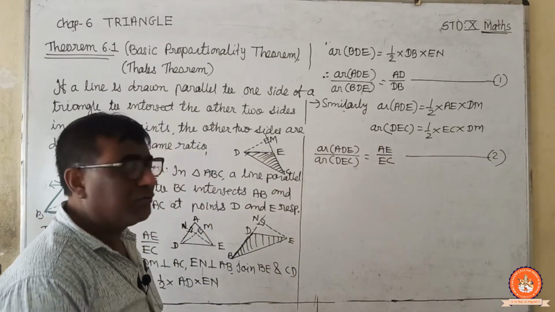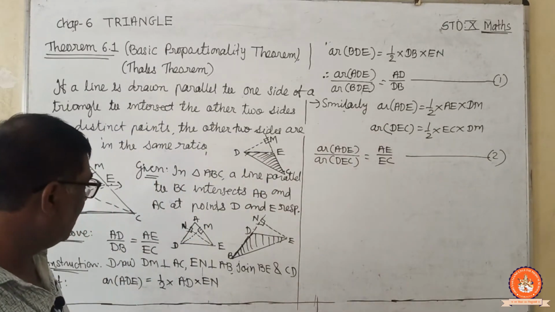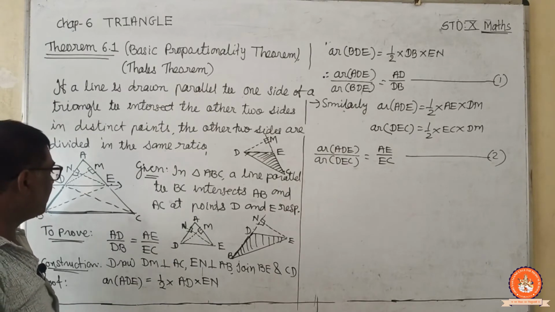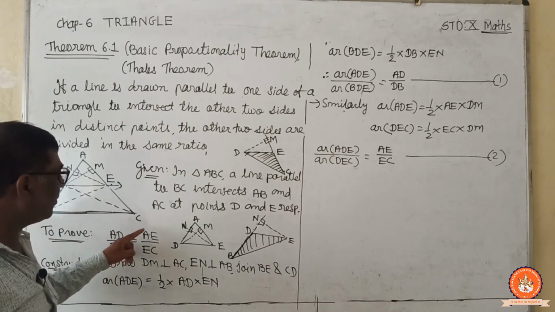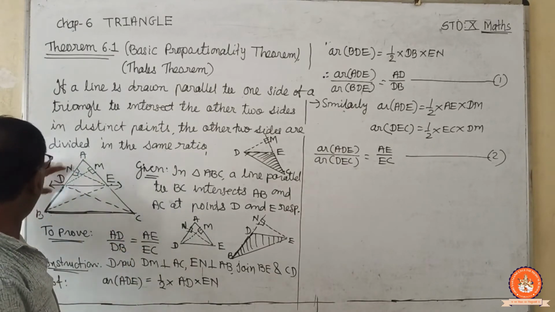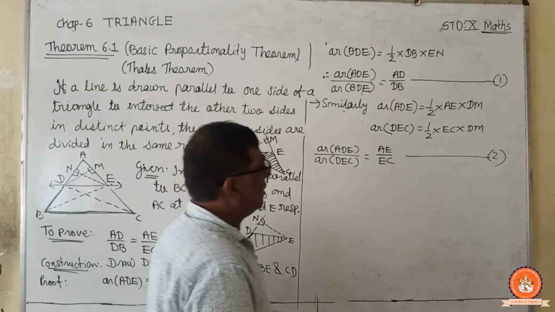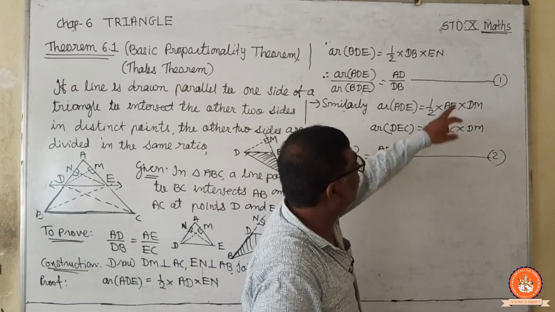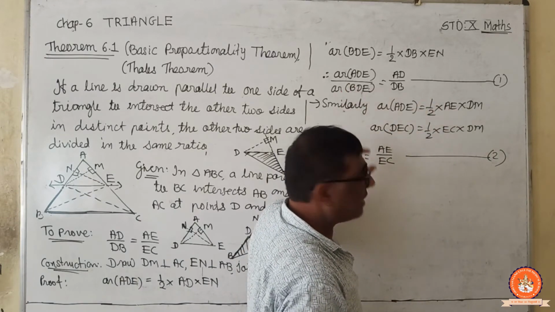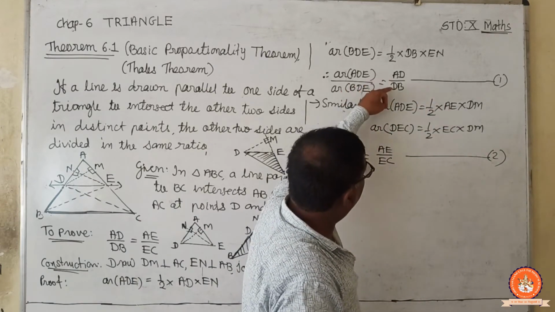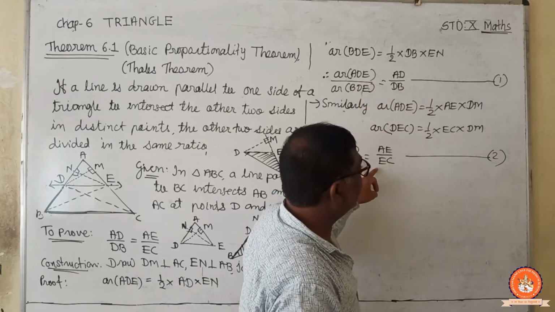Now my friend, think of this. What do we want to prove? We want to prove that AD upon DB is equal to AE upon EC. It is present here on the right hand side of both the results. Look at result number 1 and result number 2. AD upon DB is here and AE upon EC is here.